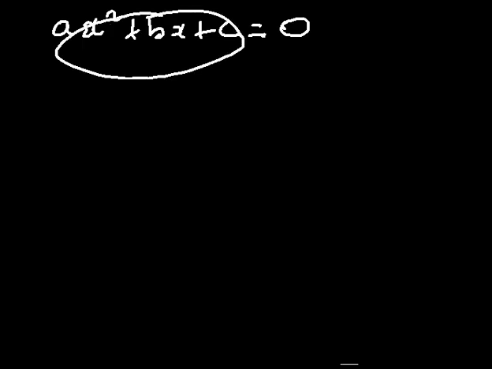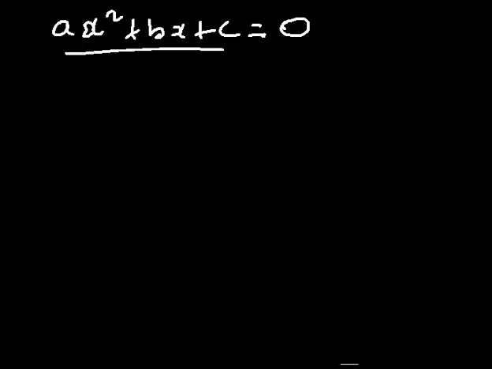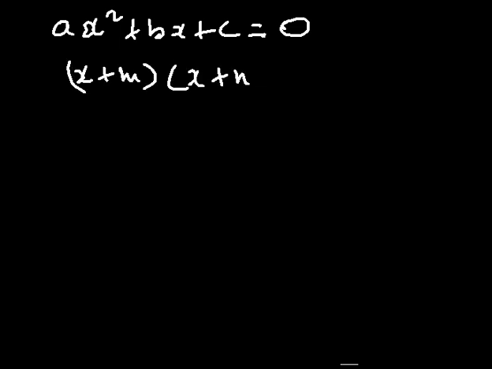In the sense that, let's say if this is the quadratic equation, and we understand that according to the principles behind the factor method, upon being factorized, it is given as x plus m times x plus n is equal to 0. If this is the case, then this factor is equal to 0, and this factor is equal to 0.